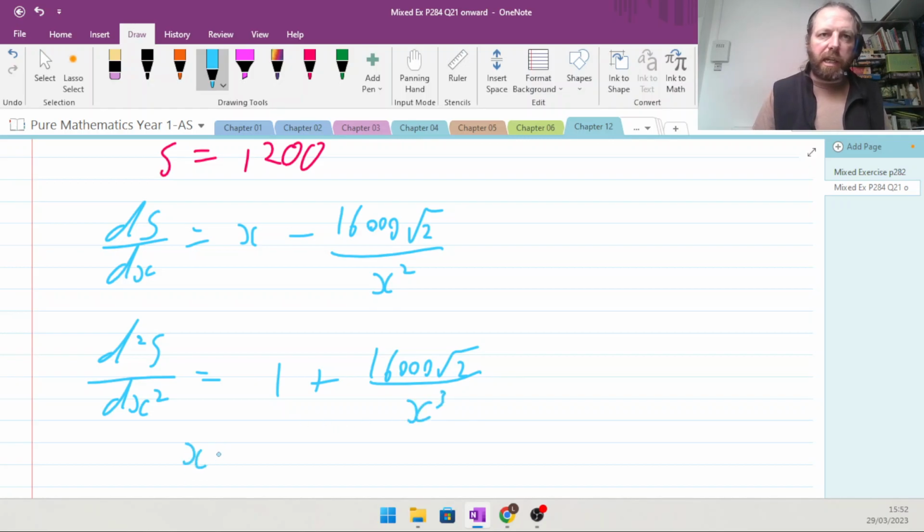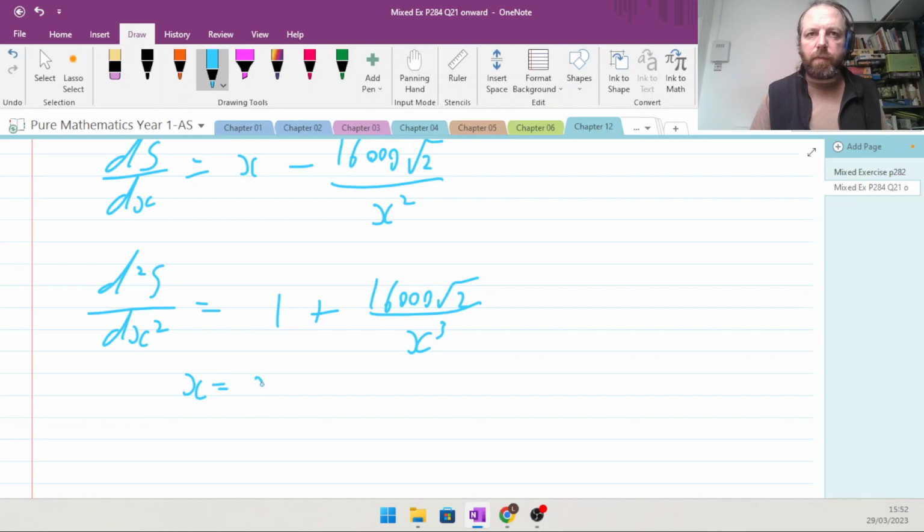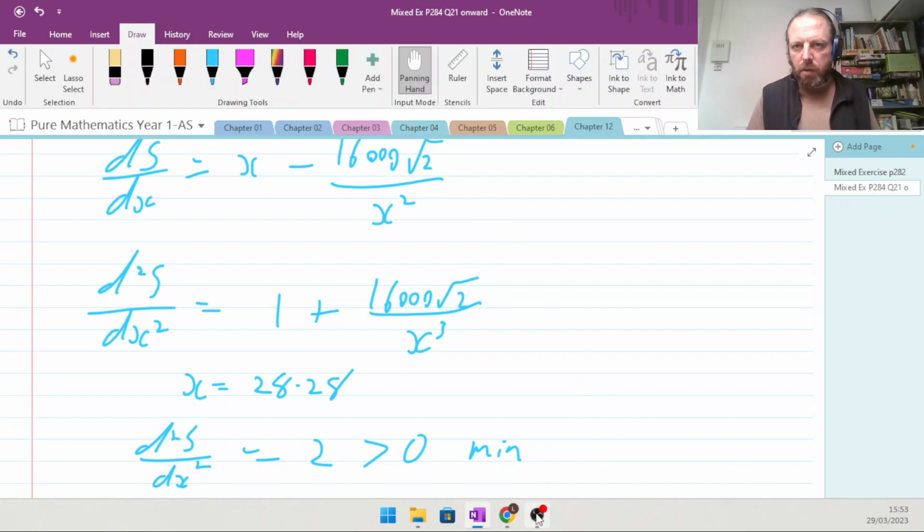And when we have an x value of 28.28, then d2s dx squared is equal to 1 plus 16,000 root 2 divided by x to the power 3, which is equal to 2, which is greater than 0, which makes it a minimum. Okay. Stop there.